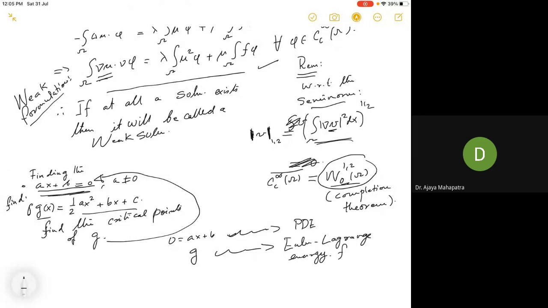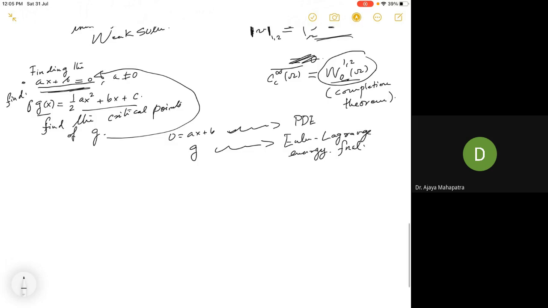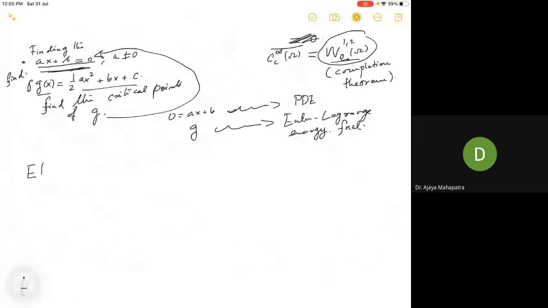Without venturing into a detailed proof, I'm just giving you the energy functional to it. So the corresponding energy functional to the problem is as follows.